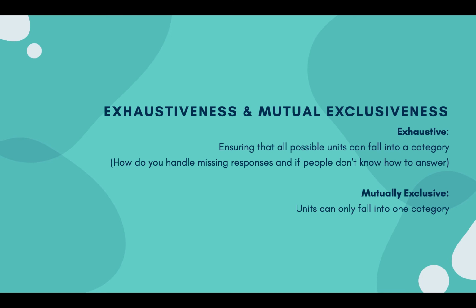So in the previous examples, for example, if we were looking at political affiliation, again, exhaustiveness and mutual exclusiveness really talk about the categories or the attributes that we're providing for our participants. Going back to political affiliation, if we only said Democrat, Republican, Independent, that wouldn't be an exhaustive list of attributes, right?